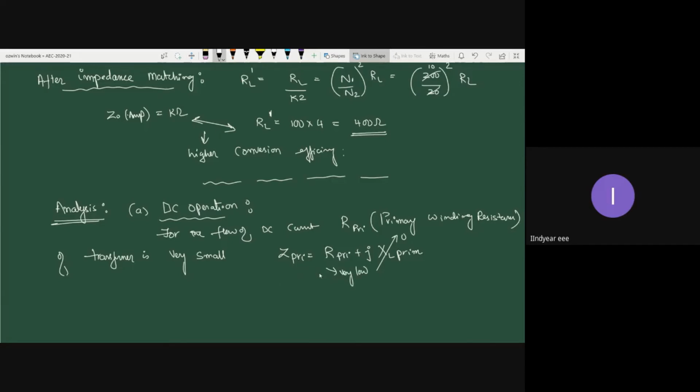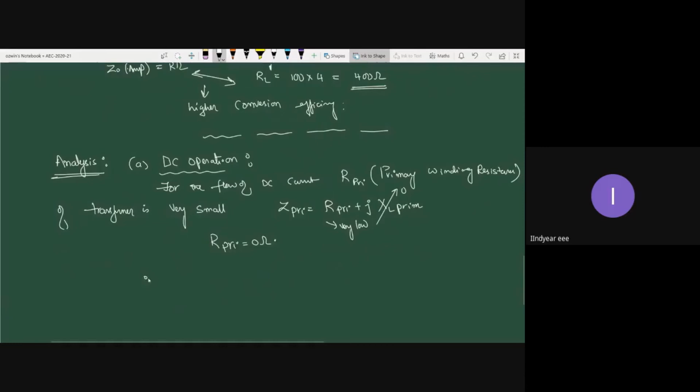The primary resistance of the transformer is very, very low. That's the reason, for the flow of DC current, R primary of the transformer is considered very small. In fact, you can consider it as 0 ohm itself.